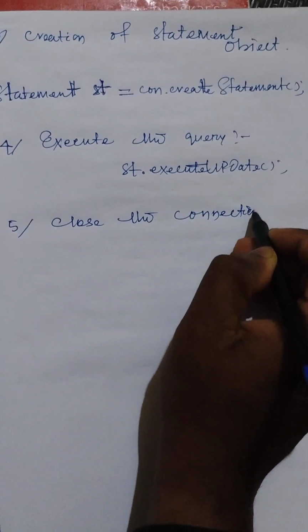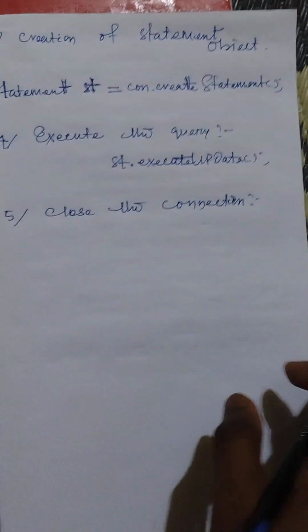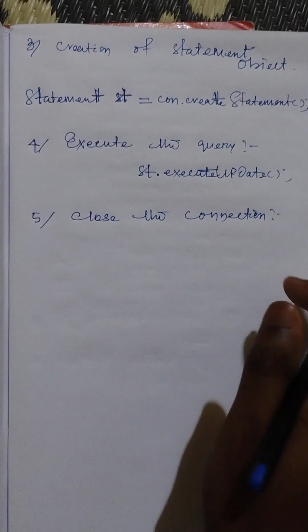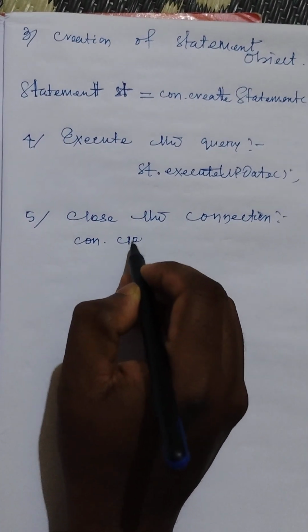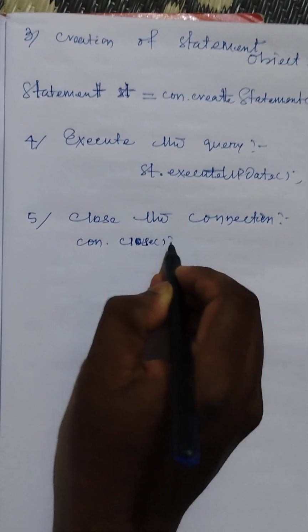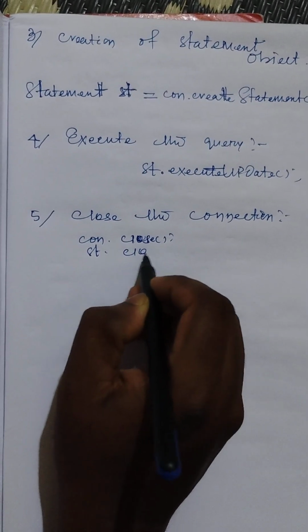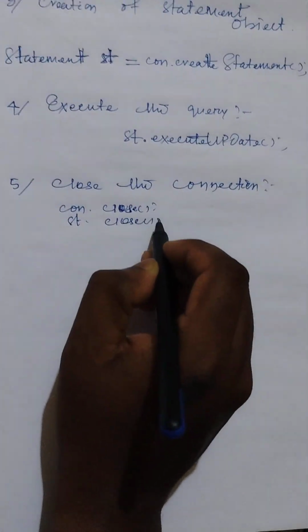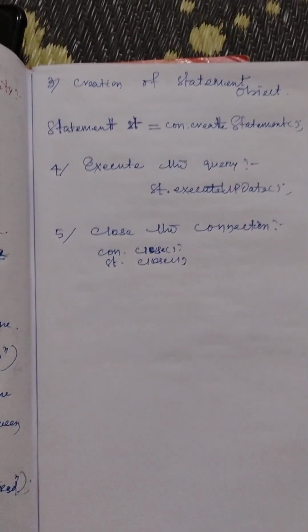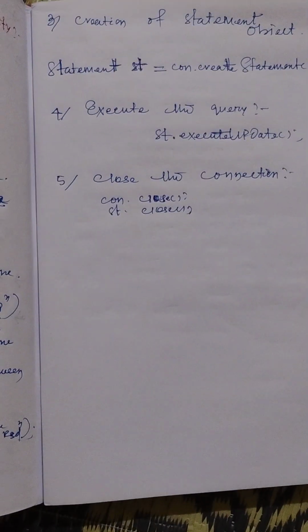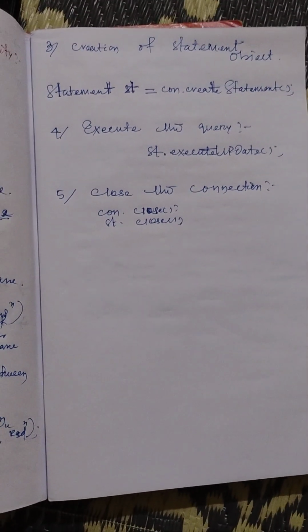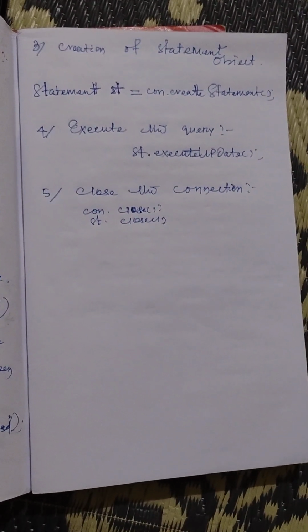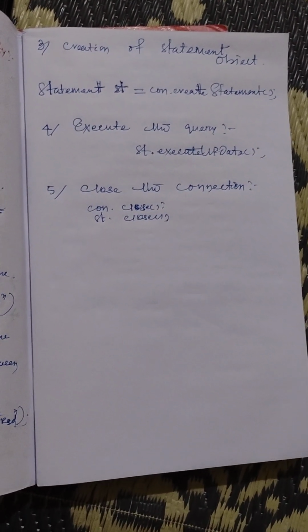We have to close because we are dealing with costly resources, meaning objects. The Connection interface is opened, so we have to close it; the Statement interface too. Whatever interfaces are open, we have to close.